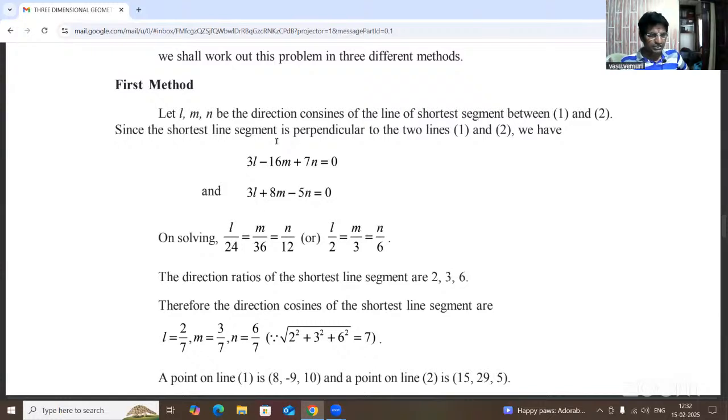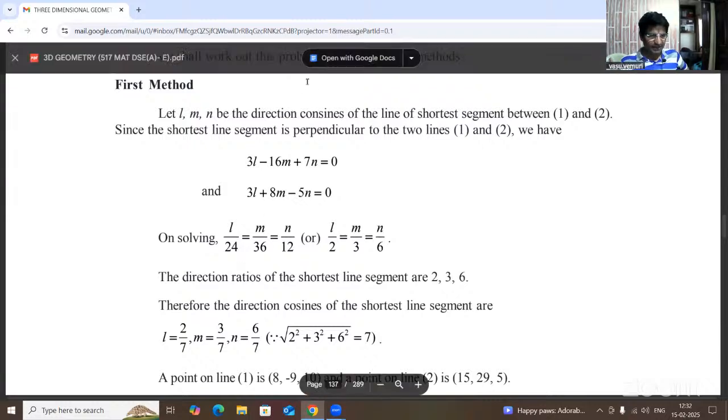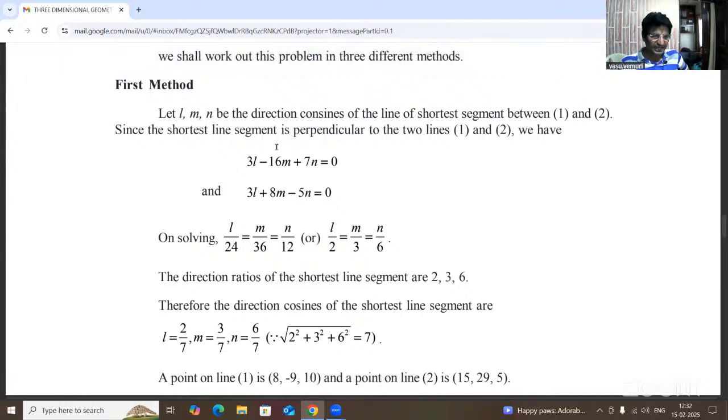For M, we take the reverse part: 7 into 3, 21, minus of minus, so plus 15, so 21 plus 15 gives 36. For N, we take the coefficients of L and M from both: 3 into 8, 24, minus of minus, plus 16 into 3, 48, so 24 plus 48.